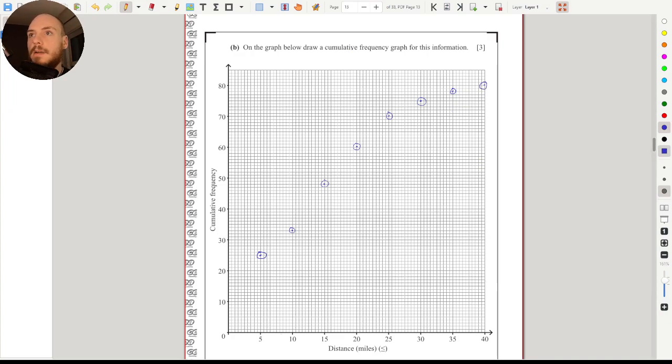Generally cumulative frequency graphs have some sort of S shape. We can see the S shape here. I'm going to try and draw this freehand, and again, I don't really recommend drawing this freehand on a tablet, but essentially this is our cumulative frequency curve.